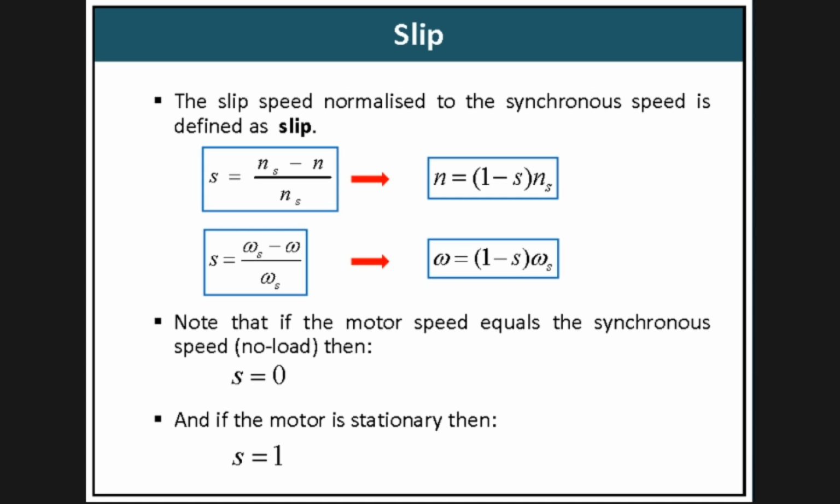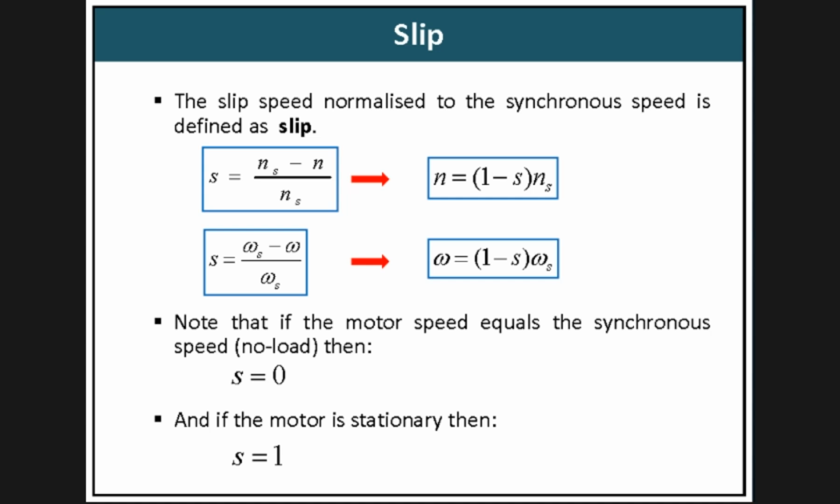Now let's look at slip. The slip speed normalized to the synchronous speed is defined as the slip. So that means the slip speed you have to divide by the synchronous speed, then the value you get is called the slip.